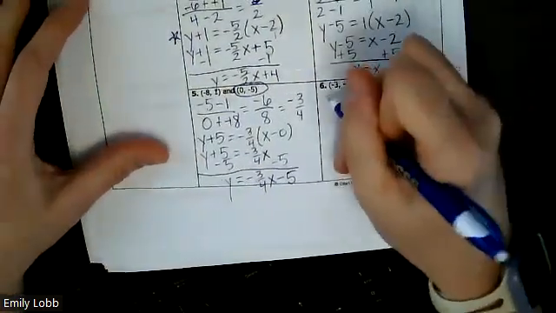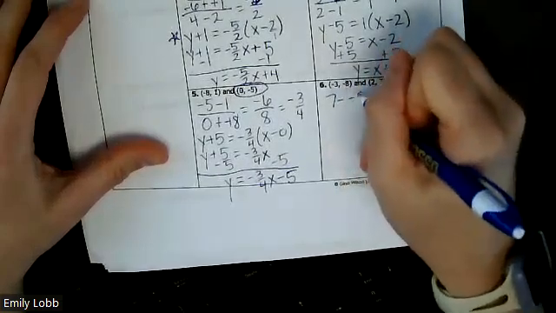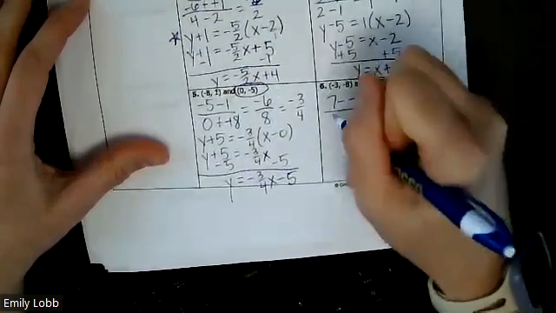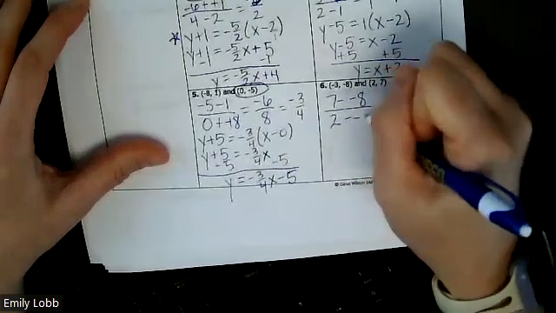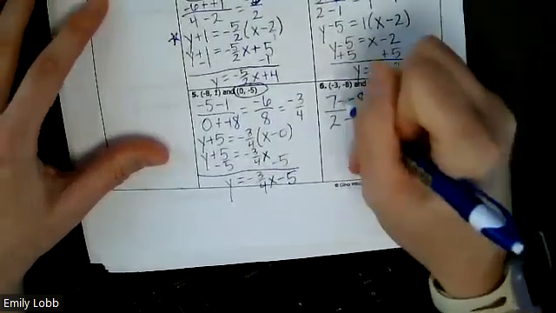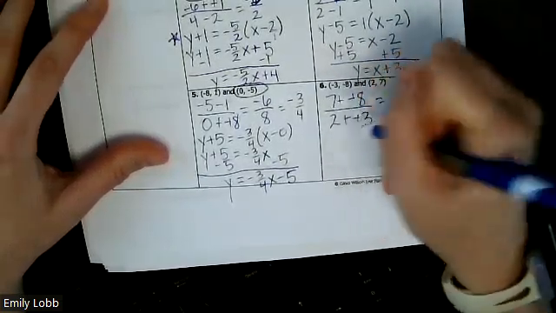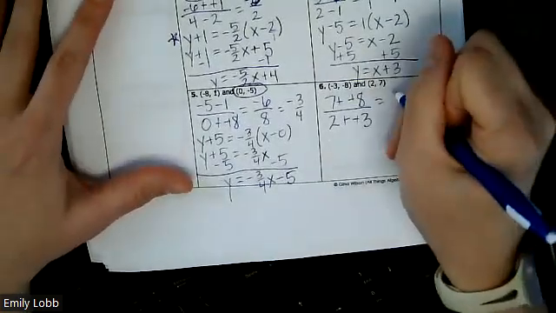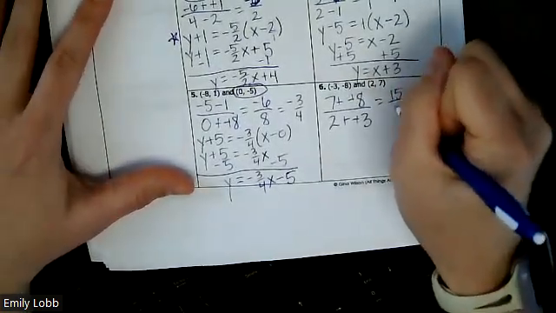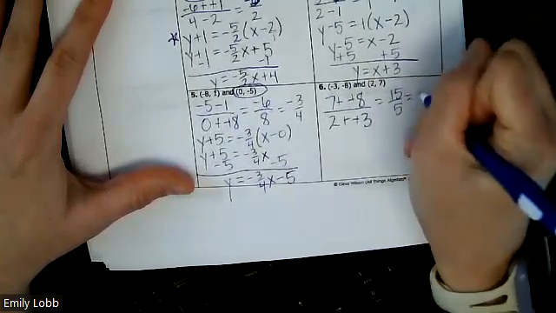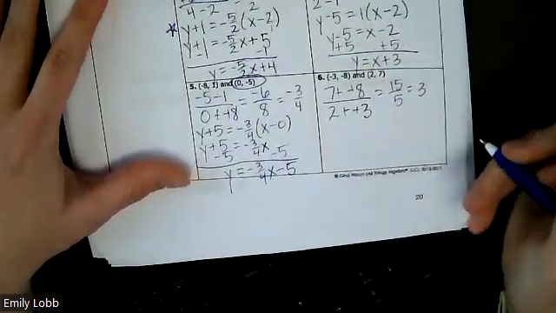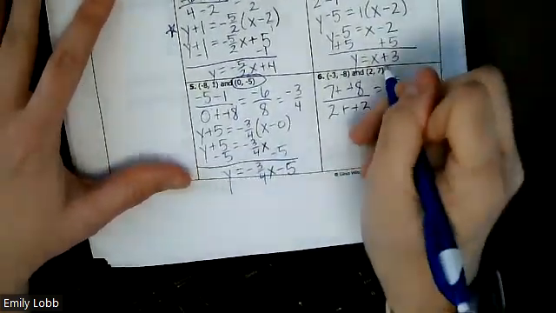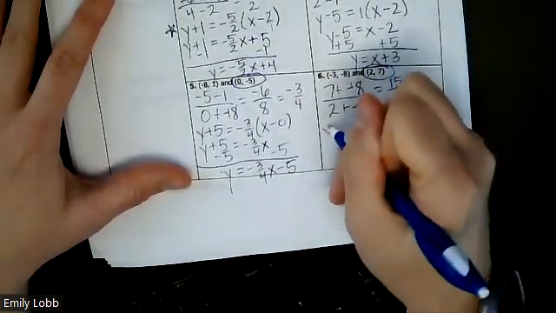So y2 minus y1 all over x2 minus x1. We're really adding here. We have 15 divided by 5, which is 3. So pick a point. Doesn't matter which one.